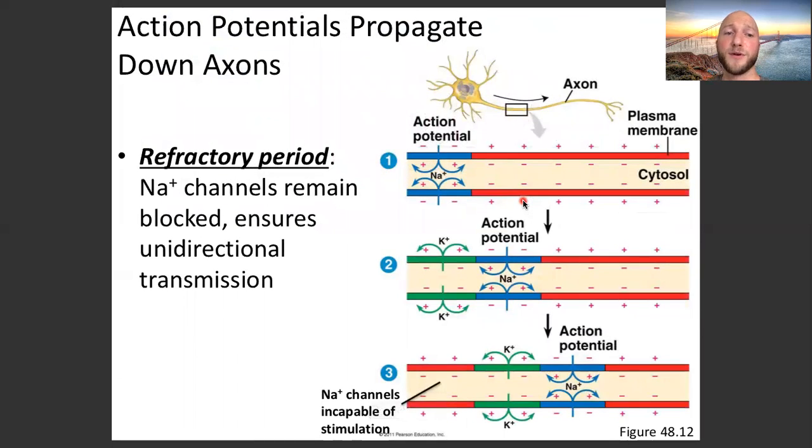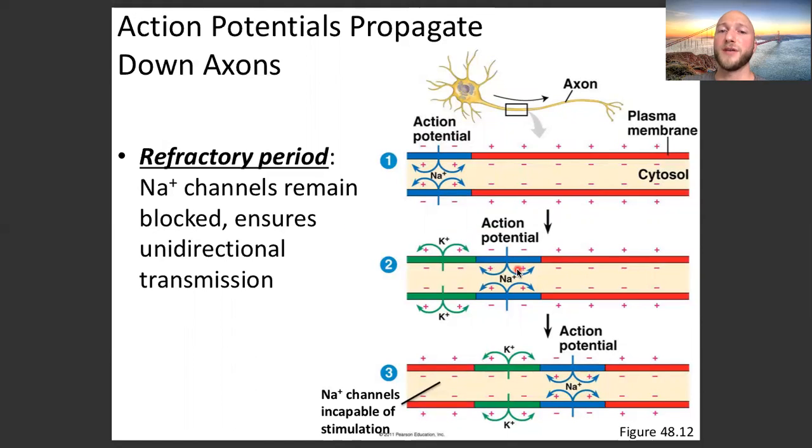The refractory period. So the sodium channels remain blocked. There's like a delay on those inactivation gates for the voltage-gated sodium channels, and that delay prevents the action potential from moving in the wrong direction. Because after the inactivation gate gets activated, there's a delay.